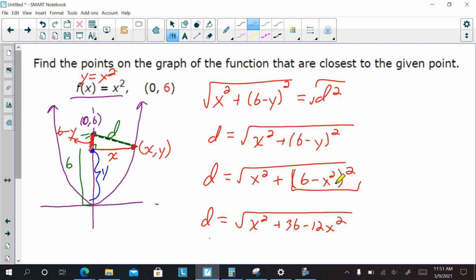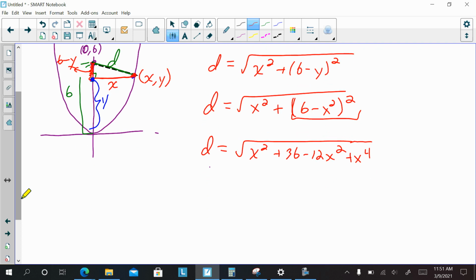And then this part squared, so x squared squared, that's going to be x to the 4th. So we can combine some like terms. So we have an x to the 4th under the radical. We have 1 minus 12, so minus 11 x squared. And then we have a plus 36.